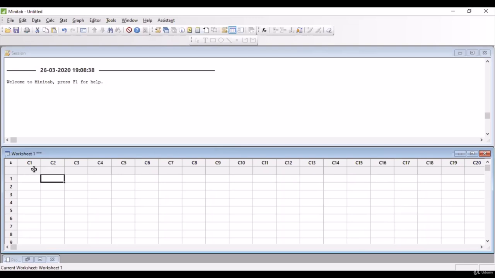Now let us assume I have an experiment of tossing a coin. I wanted to repeat this experiment 1,000 times. Every time there is only one trial.